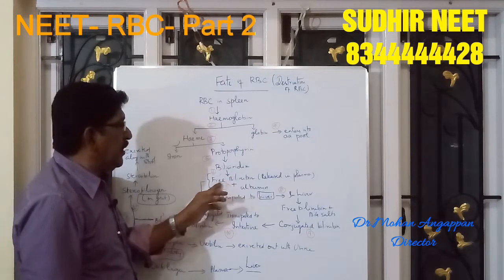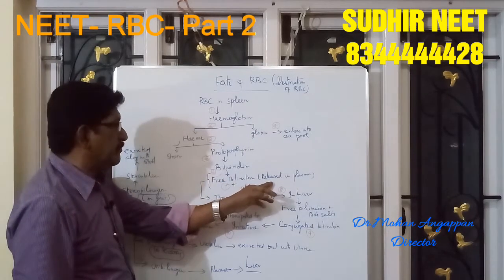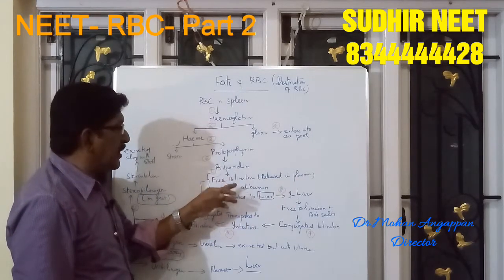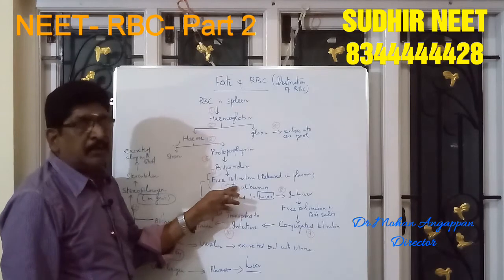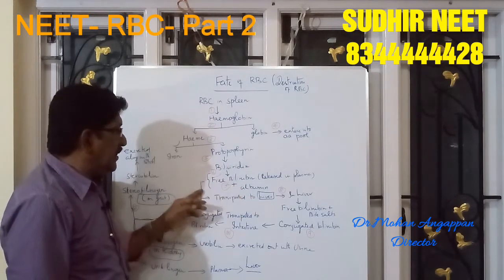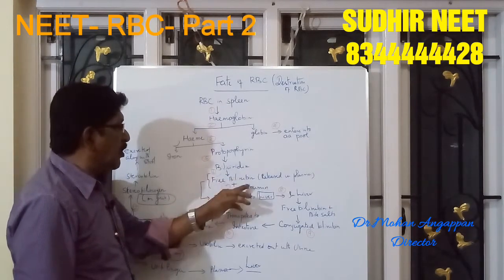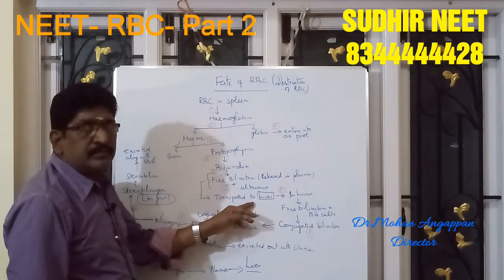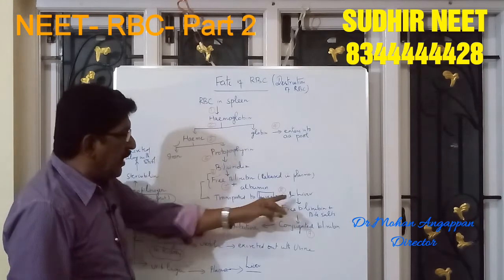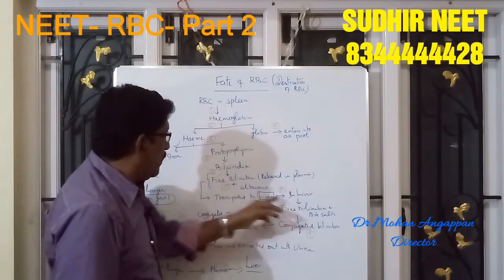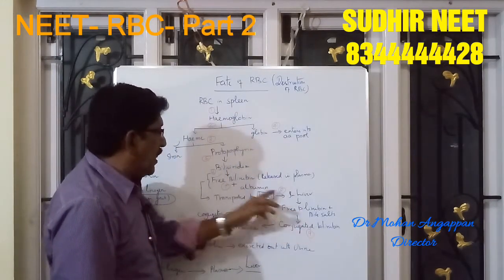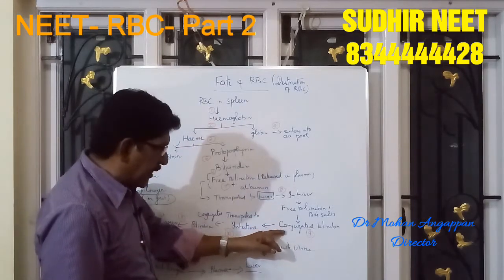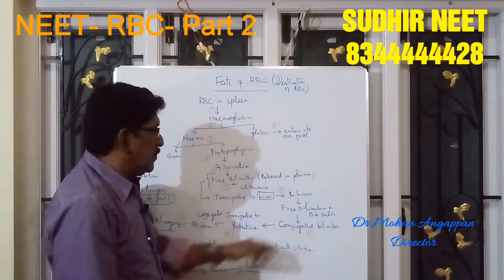This free bilirubin is released in plasma. In plasma, this free bilirubin combines with albumin, the protein, and this combination of bilirubin with albumin is transported to the liver.